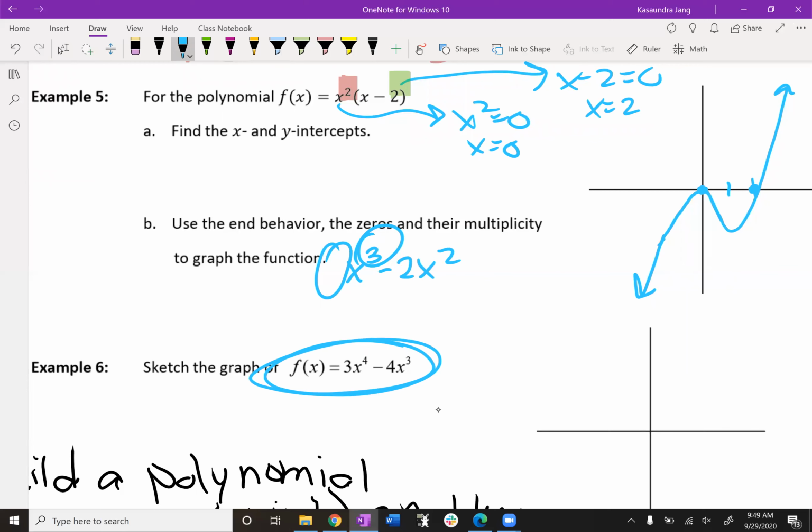Find your x-intercepts and the end behavior. So 80, once you get this, let me know.